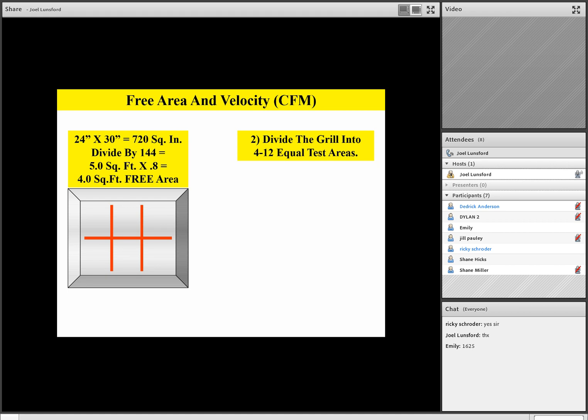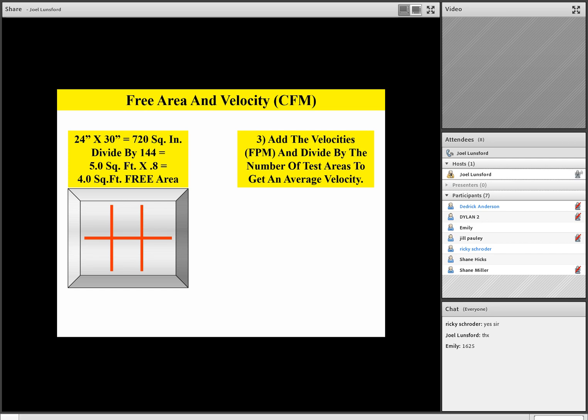So clear your calculator for me. We're going to take velocities across the areas of that grill, then add them up and divide by the number of test areas to get an average velocity across that grill or register. We're going to start taking velocities in those segments across the face of that grill or register.